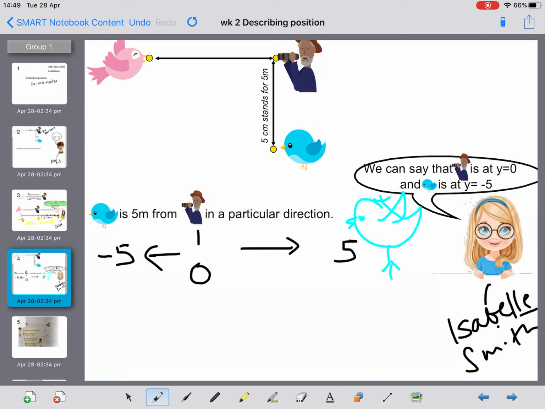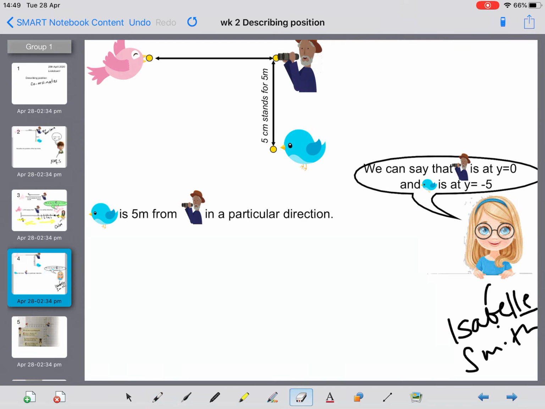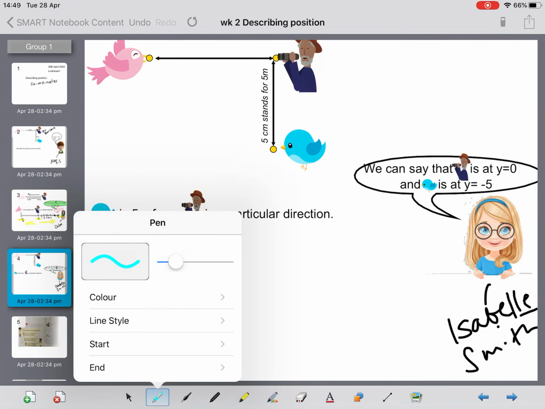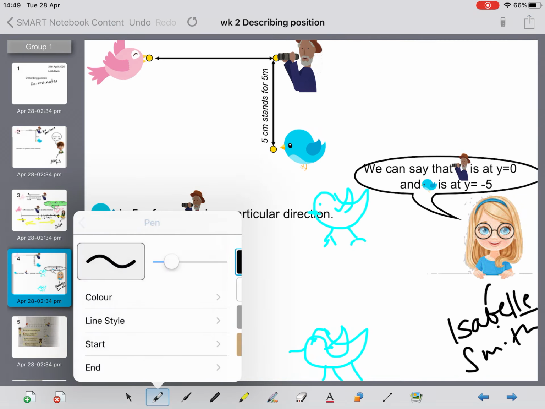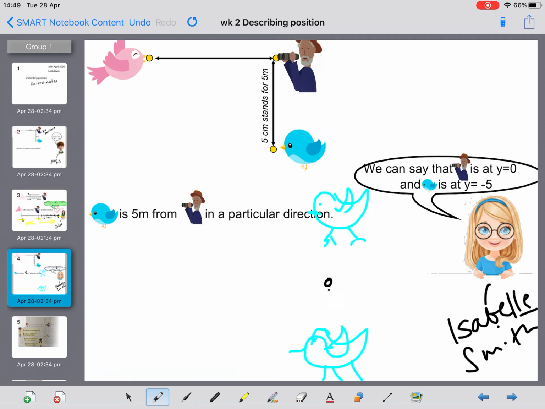Right, if we want that to be on the y-axis though, let's try that again, this time on the y-axis, we'd have the blue bird down here. A bit like a whale, never mind. And a blue bird up here. And then a man in the middle, Mr. Beanland, here he is.